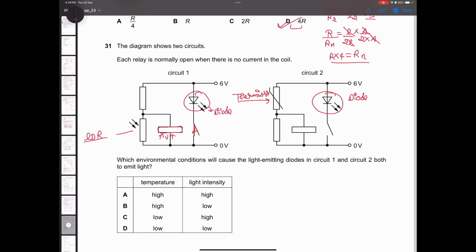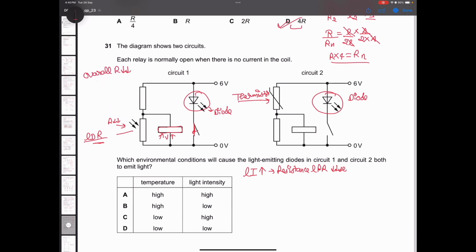Right? Now we know that if the light intensity increases, the resistance in the LDR decreases, right? Now, in this case, the resistance here is decreasing. So we can say overall resistance is decreasing.